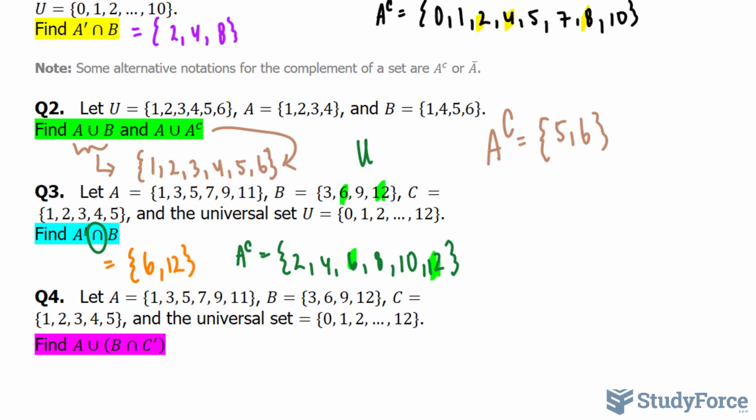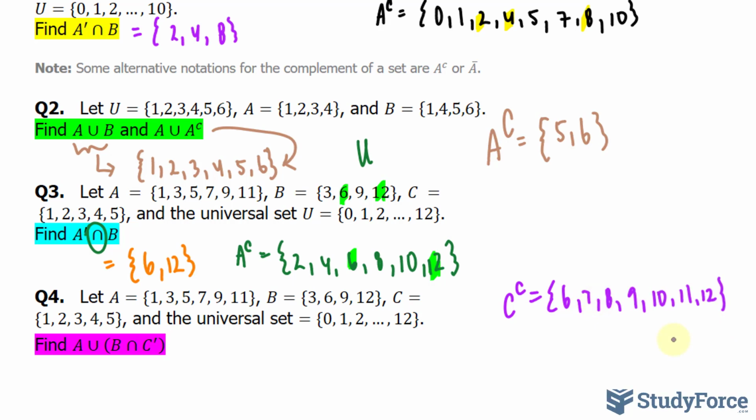Question 4 is the same thing as question 3, except this time we want to find the following. As you can see, we have parentheses around B and the complement of C, and we're looking for the intersection of both. So let's start by finding the complement of C. C consists of 1, 2, 3, 4, 5, and the universal set goes to 12. So the complement of C will contain 6 through 12.